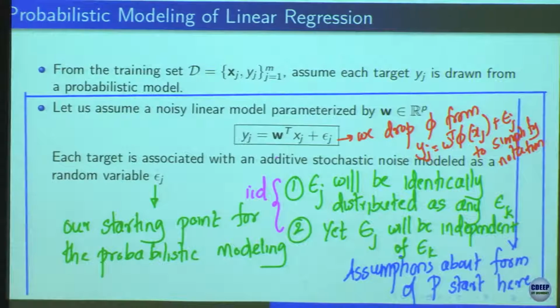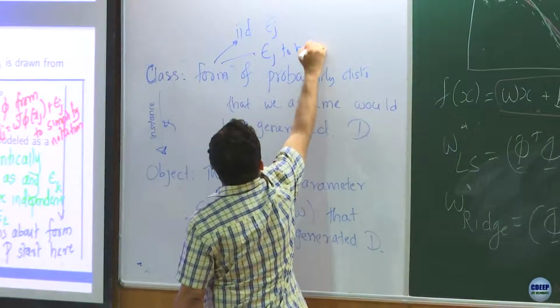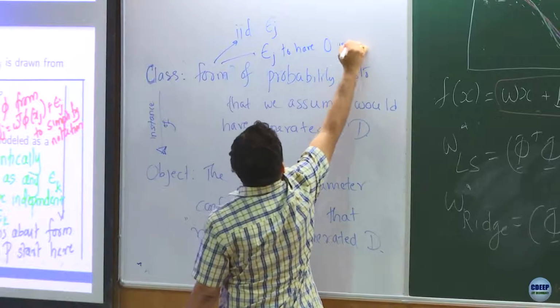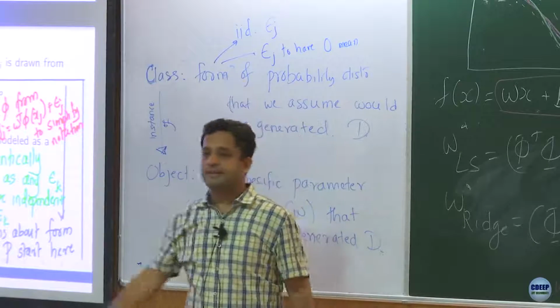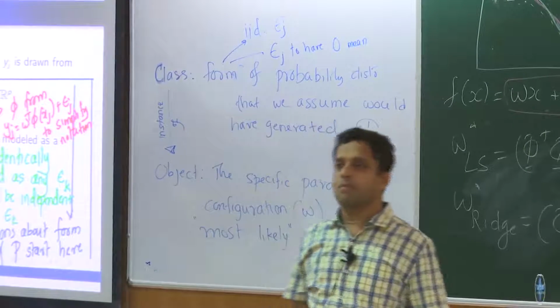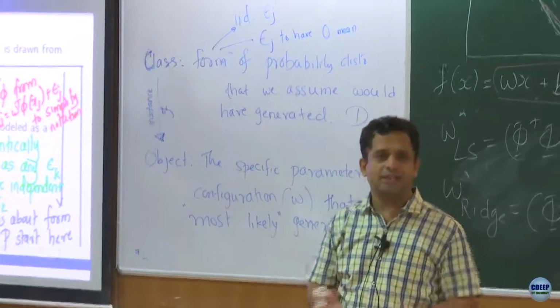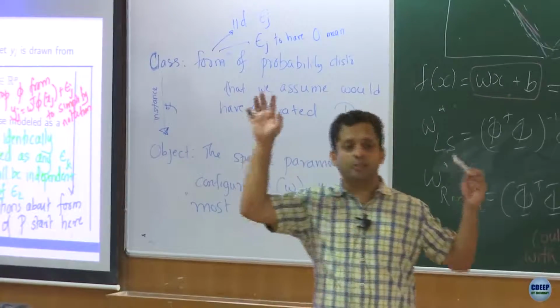What else? This makes sense, but can I have some more specific form for the distribution of epsilon J? Epsilon J to have 0 mean. With zero mean, we would expect that errors cancel out in the asymptotic sense.